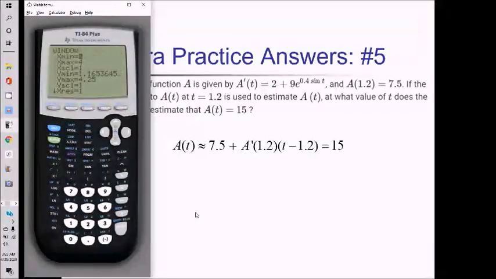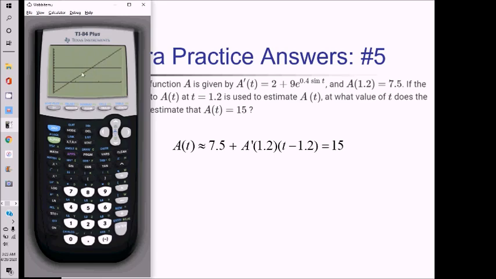So let me do 0 to 3, and then zoom 0, zoom fit. Let's see where the horizontal line 15 and my a of t approximation function are going to equal each other. So there is the linear approximation for a of t. And that's going to cross 15 where?